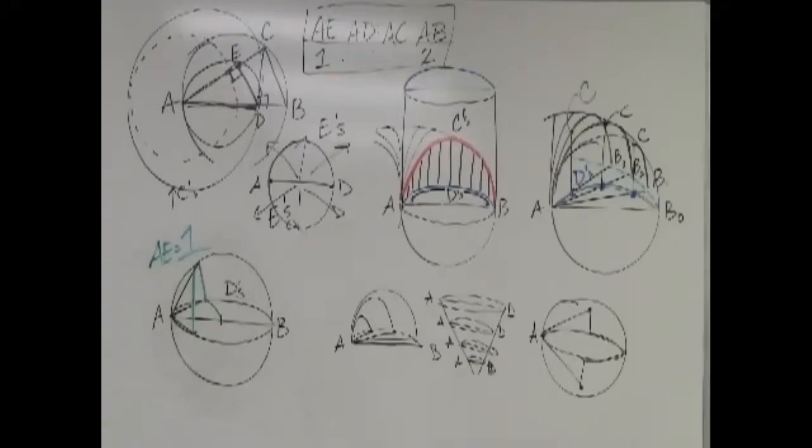What do people think? The sweep of the line that's anchored at A is sweeping out a cone. Yeah, it is, isn't it?